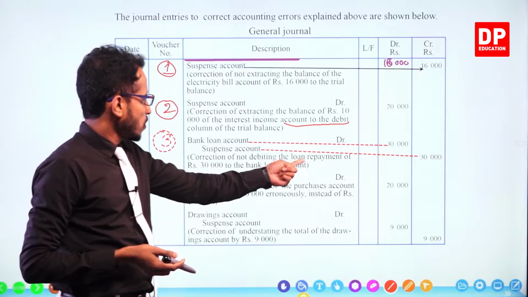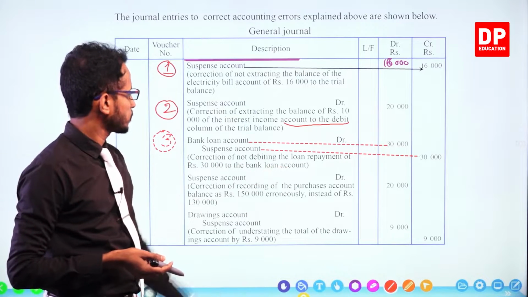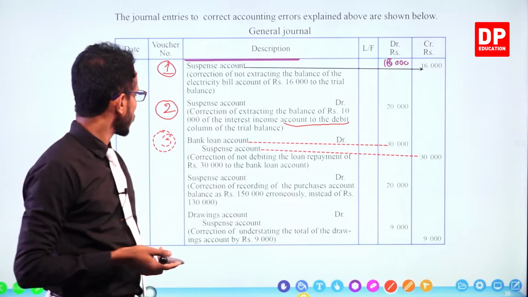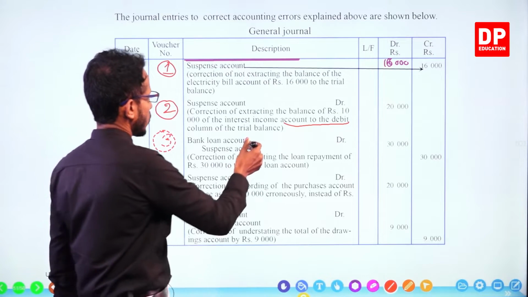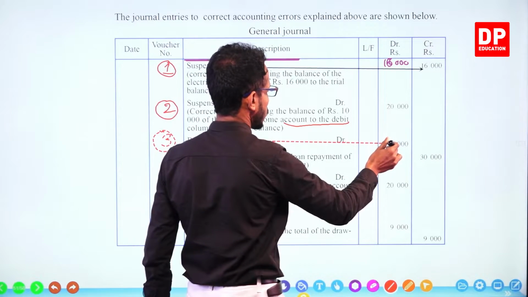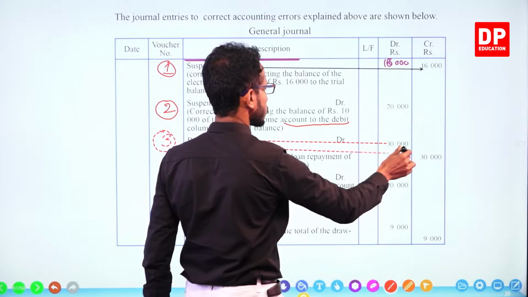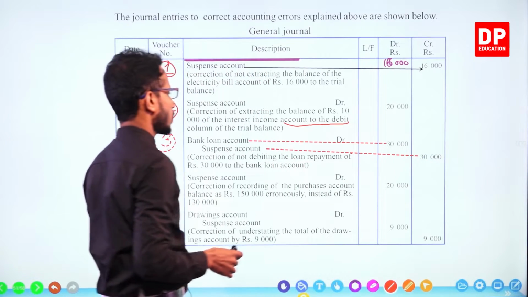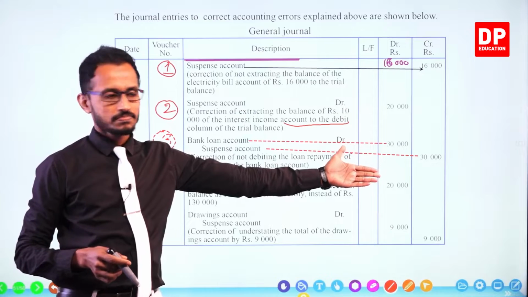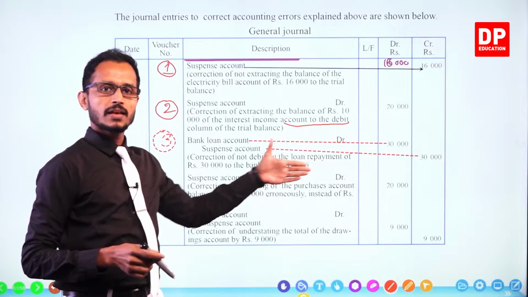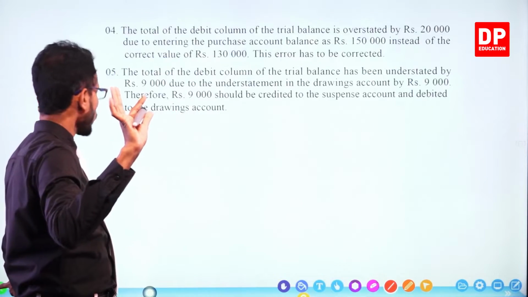Correction of not debiting the loan repayment of 30,000. It is the narration. All right. Yeah, it's done. Third one done. We are going to the fourth one.